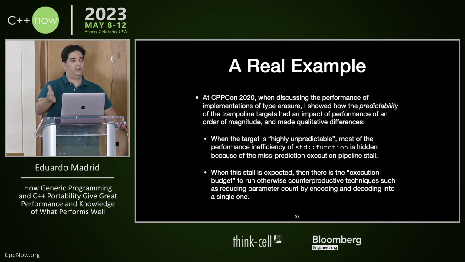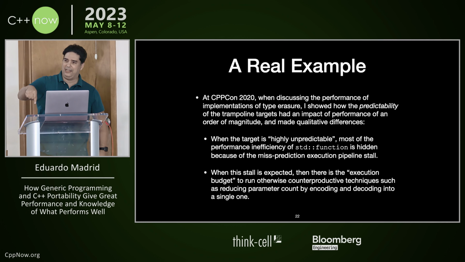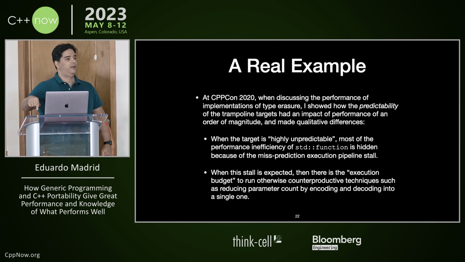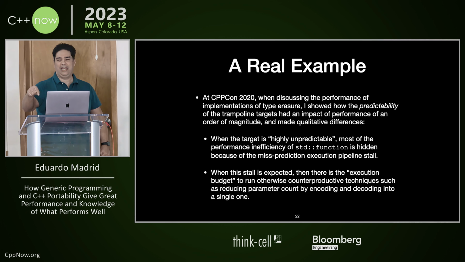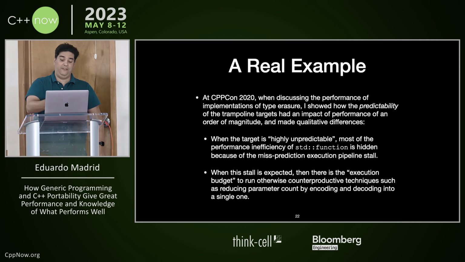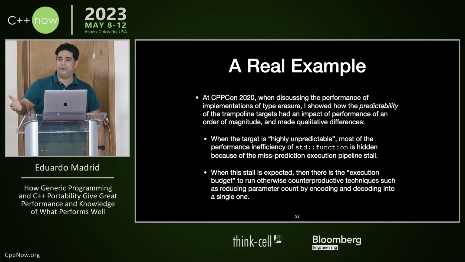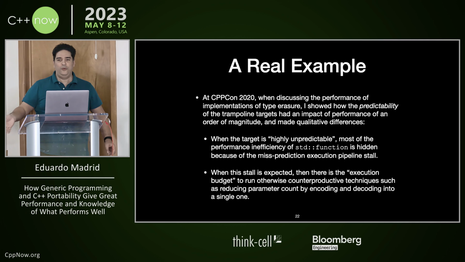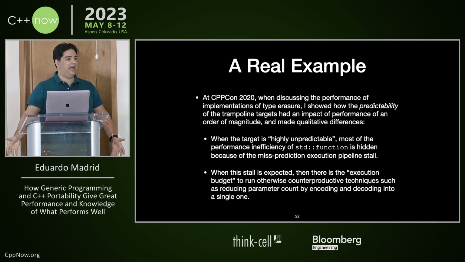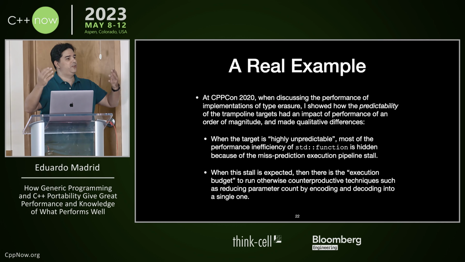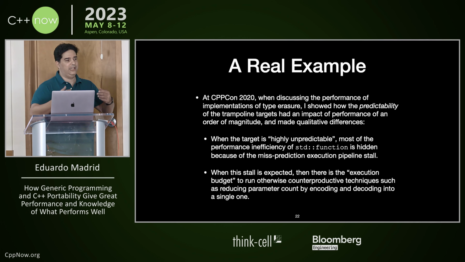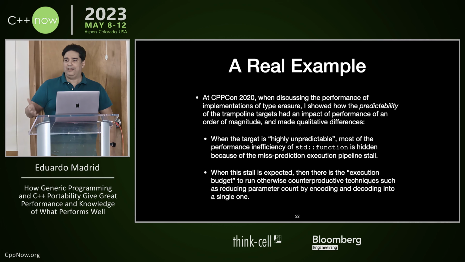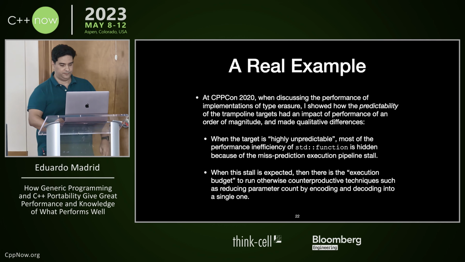That normally would be counterproductive, because in the most critical point of your most performance critical part of the code, you are introducing expensive computations. But if you know that there's going to be lots of unpredictability with regard to the target of the trampoline, then you know that the processor is going to be idle, and there is the opportunity to fit in something that will pay for itself.